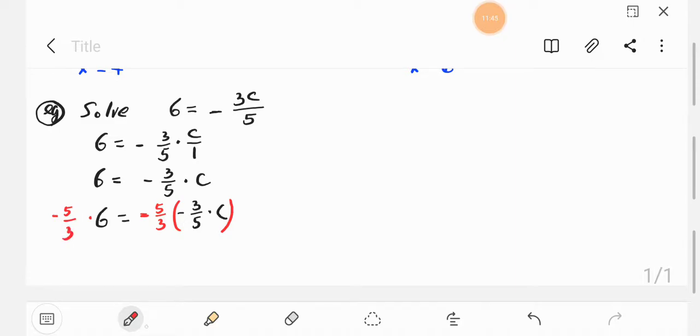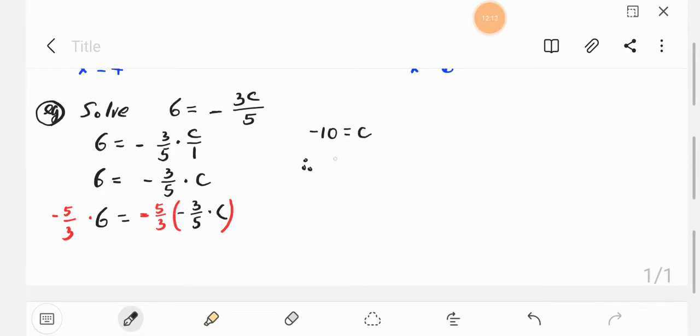Okay, then we can simplify each side. So 6 divided by 3 is 2. So negative 5 times 2 is negative 10. Equals, okay, now negative becomes positive. 5 cancels out. Also 3 cancels out. We have c.